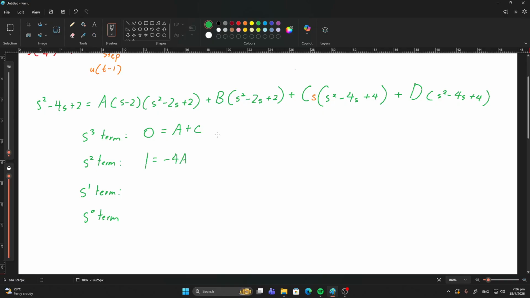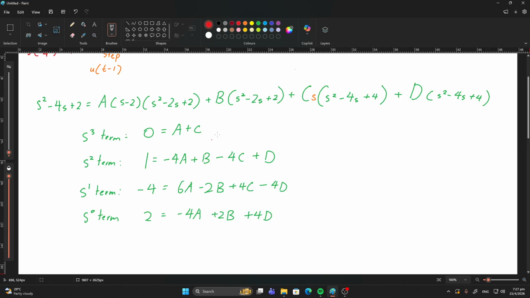So it becomes negative 4A plus B minus 4C plus D. There's one term. Negative 4 equals 6A minus 2B plus 4C minus 4D. And last but not least, 2 equals negative 4A plus 2B plus 4D.